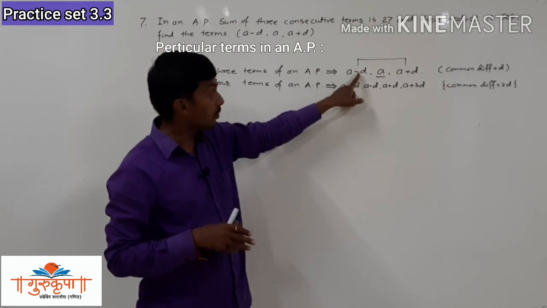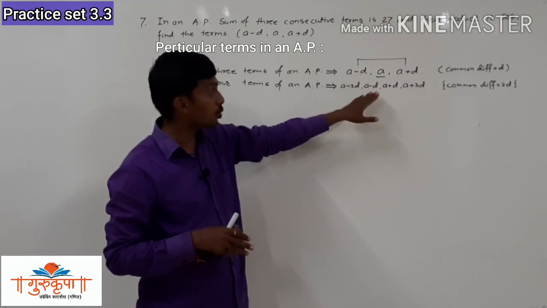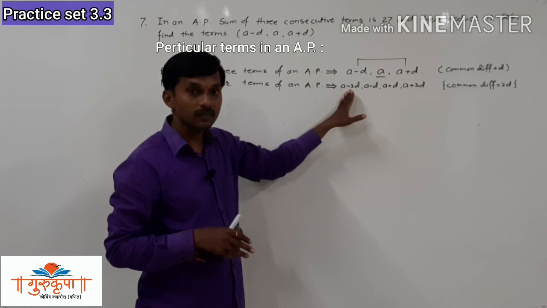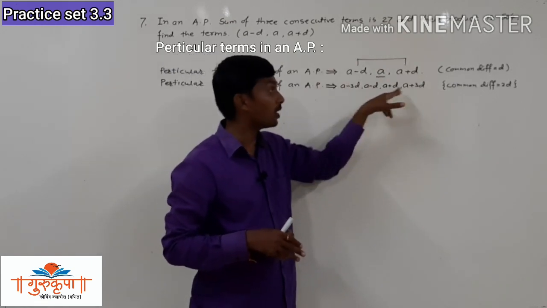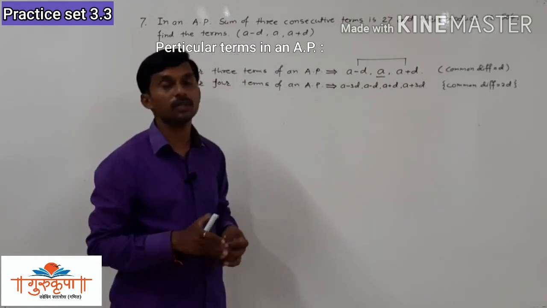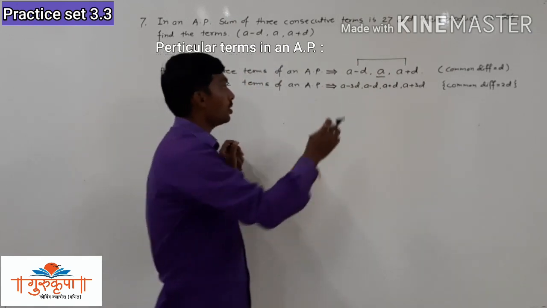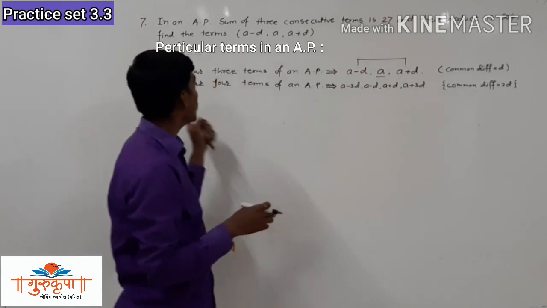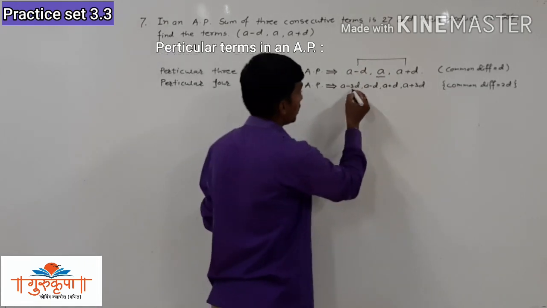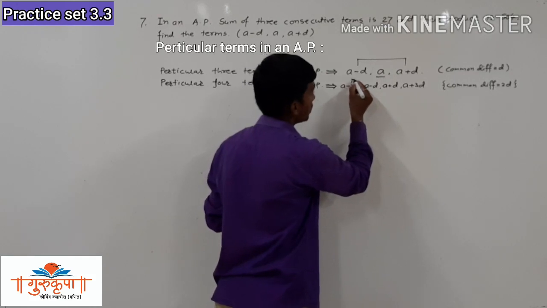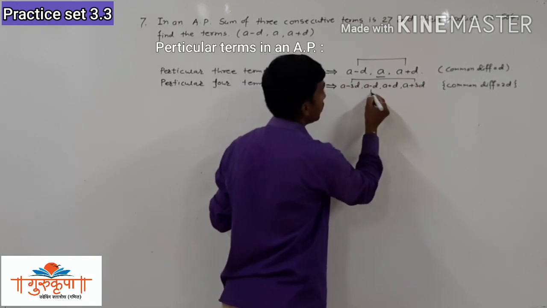Where the sign of subtraction is there, those terms are in the initial phase, and at the end we have positive terms. So this is all about the four particular terms of an AP. You can remember it as first and last, and then the middle two terms.